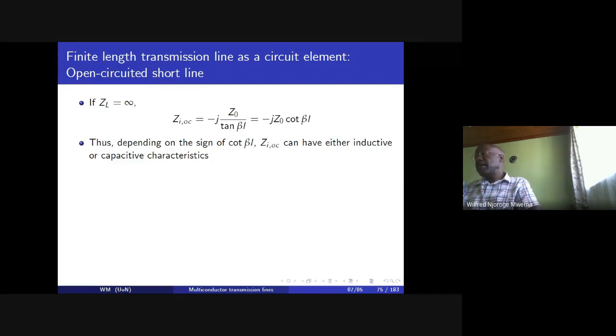If cot beta L is negative, the line section will behave as an inductive reactance.